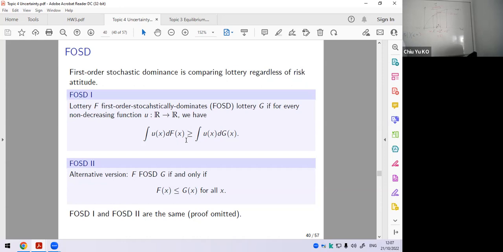So what F being better than G means is the following. If F is like this, G has to be higher at any point. Look at any point, G must be above, so something like this.